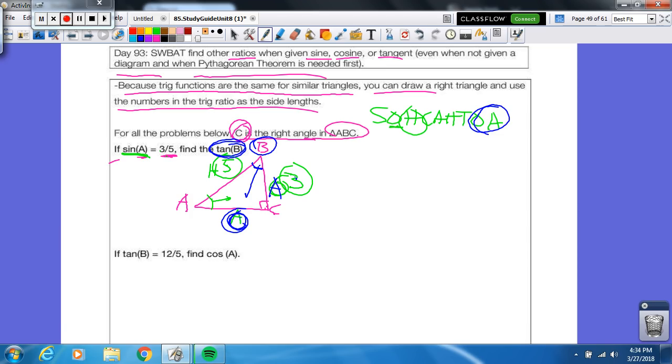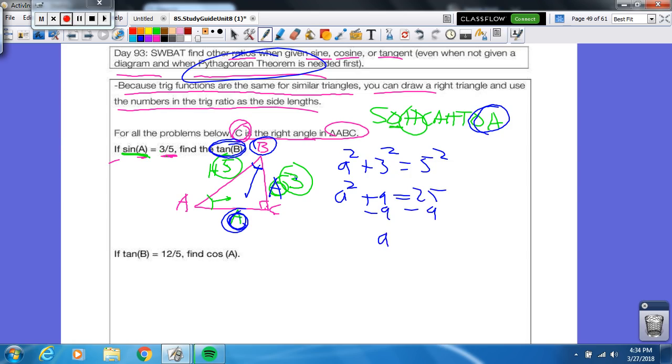I can use Pythagorean theorem like it said up here, right? So let's call this A. It doesn't matter. So I got A squared plus 3 squared equals 5 squared. You may know this is a Pythagorean triple. So A squared plus 9 equals 25. Subtract 9, and you got A squared equals 16.